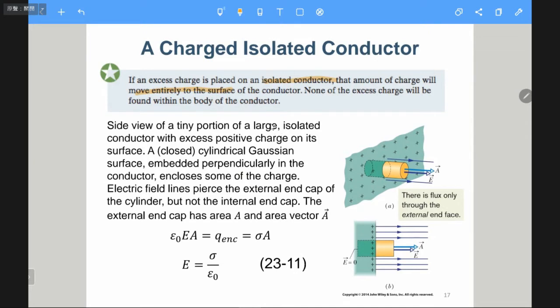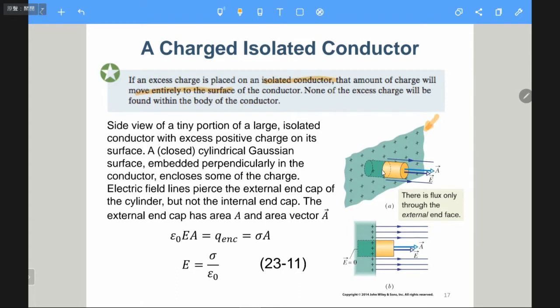Okay, so here we have a large conductor. The green one is the conductor. The orange cylinder is just a Gaussian surface, which only exists in the imagination.